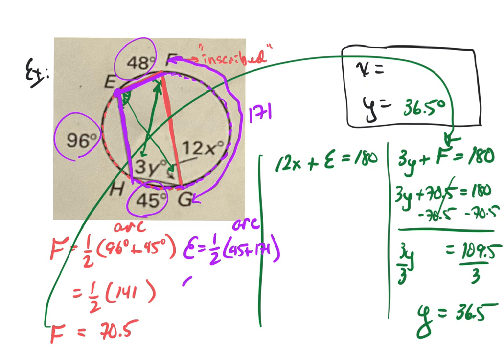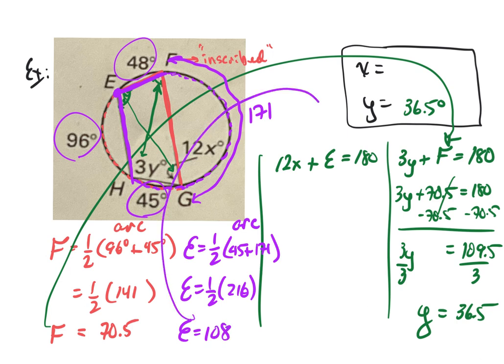So then to find E, again, it's two operations. It's 45 plus 171, which is 216. And then half of 216 is 108. So wherever we see an E, we can then replace it with what it's equal to, which is 108, and solve for x.